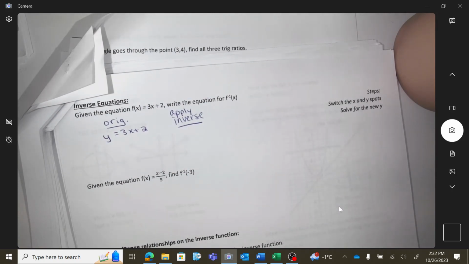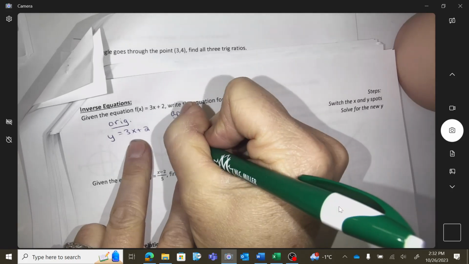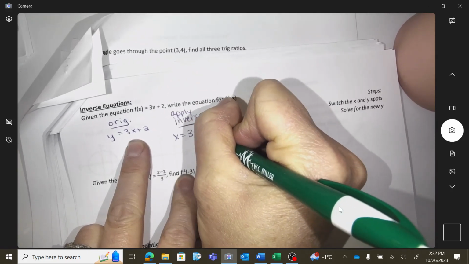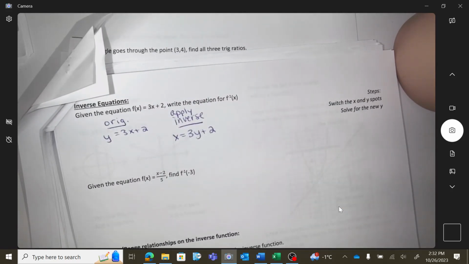So what is the definition of an inverse again? You need to switch x and y. So if I do that, that's the new equation.